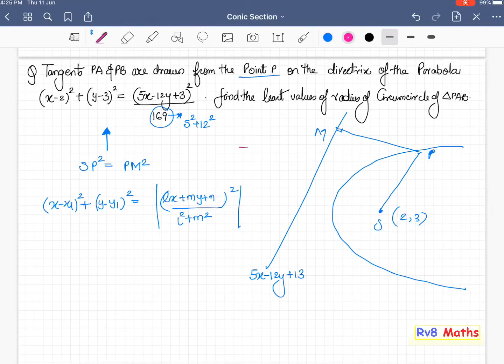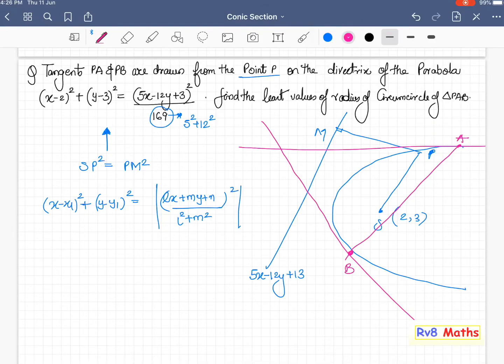According to them, P is some different point, the point of intersection of the tangents. These are the endpoints A and B. We want to find the least value of the radius of the circumcircle of triangle PAB.